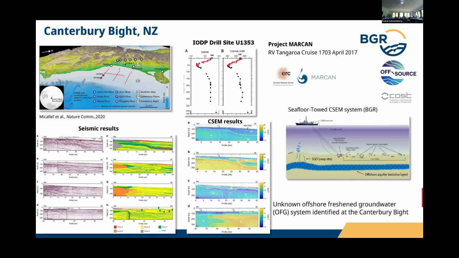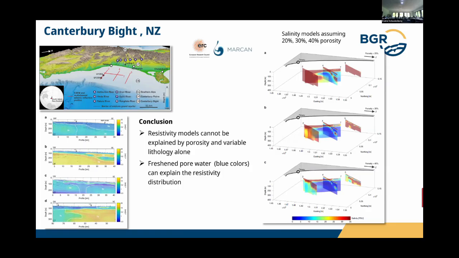The main finding is a so far unknown pressured groundwater system. That's how these data have been interpreted. The conclusions drawn from that findings, then the colleague went back to calculate salinity models from the conductivity models, assuming different porosities, a rather wide range of porosities, because the resistivity could also be affected by porosity, as we saw from Archie's law.